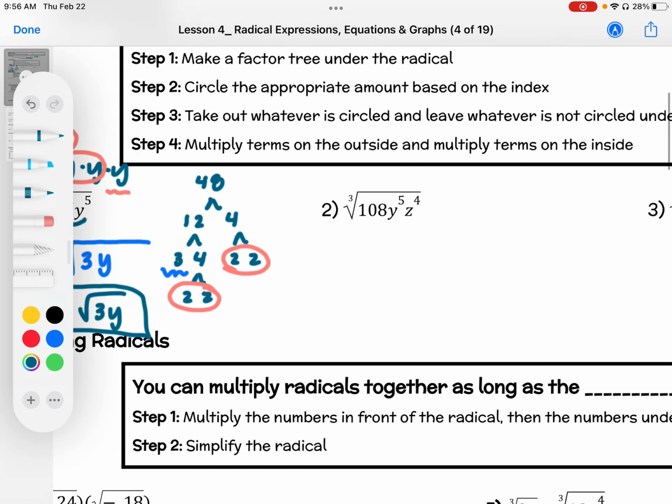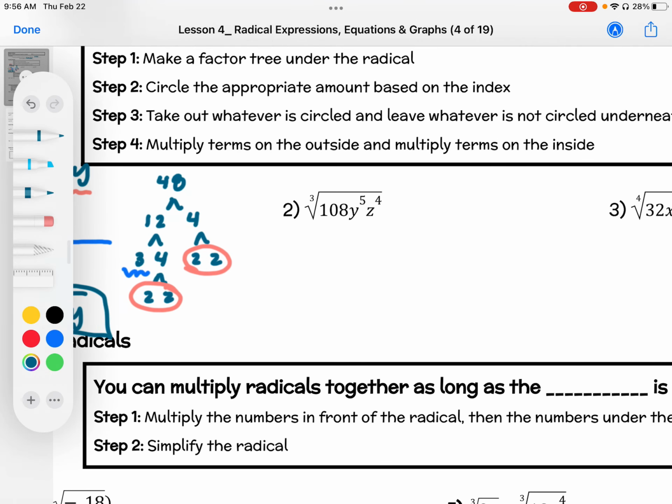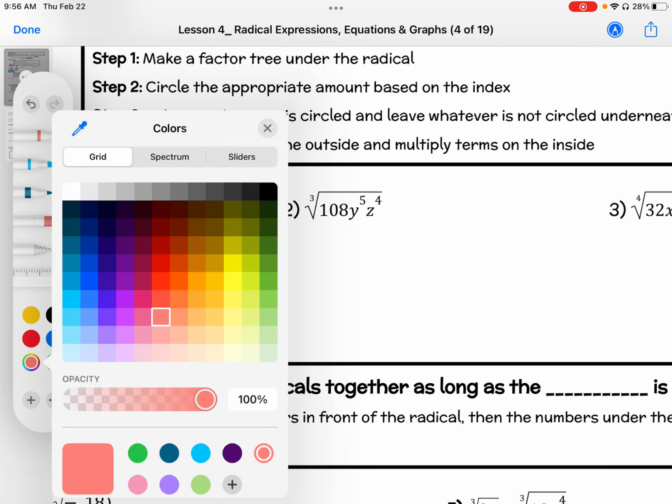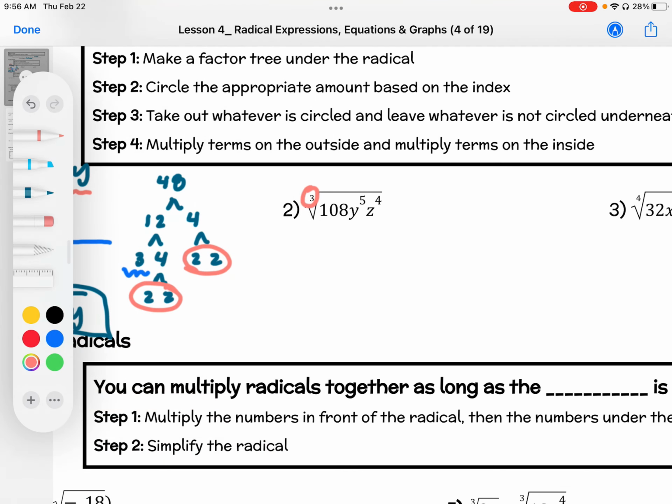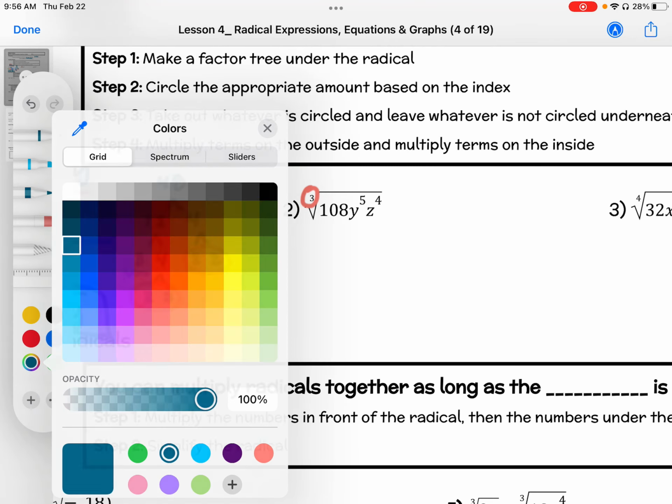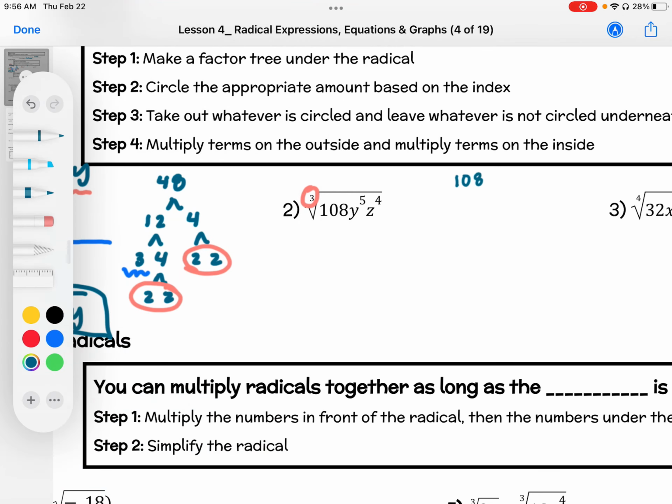If we look at the next one, now we're looking for groups of 3 because of that cube root. Because the index is 3, we want to have 3 in each group. So we're going to break down 108 first. There are multiple things we can divide it by, so there's no right first step, but I'm going to divide it by 27 and get 4.